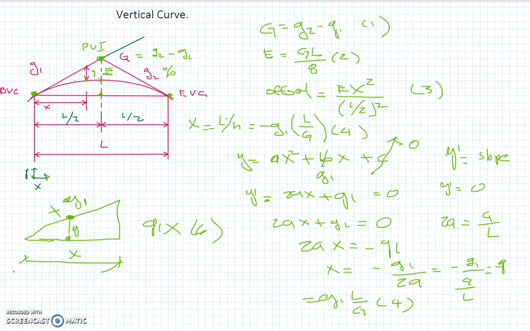The offset is E times x squared divided by L divided by 2, squared. The distance to the high or low point is minus G1 L divided by G, and the slope at any point is G times x. That's all. Thank you for watching my video, and I'll see you in the next video.